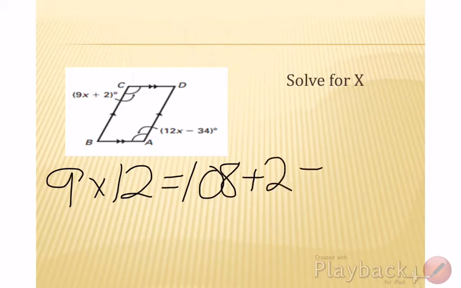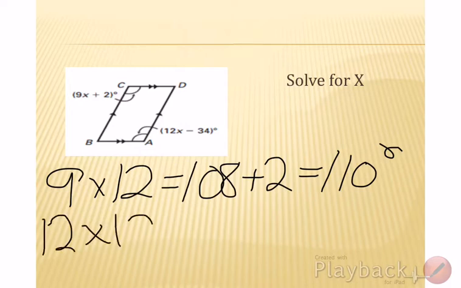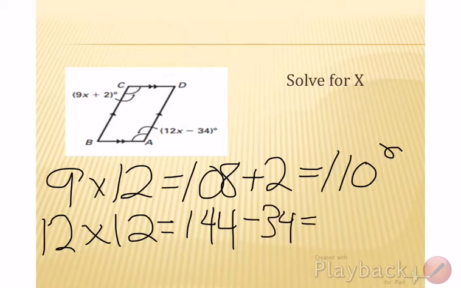Plus 2 gives me 110. That is my angle measurement. Let's put it to use. And the other angle, 12 times 12 is 144, but you knew that, minus 34 equals 110. Our opposite angles are congruent.